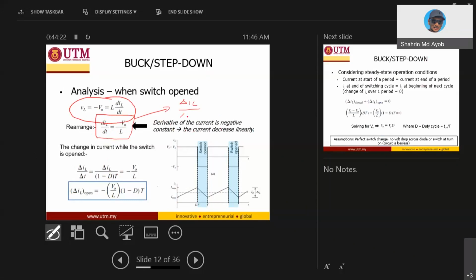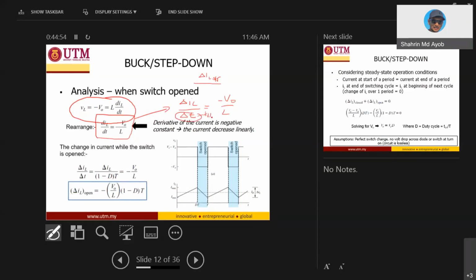over delta T is equal to negative V out over L. So right now, your delta IL is actually delta IL during off, over your delta T. Your delta T is T off.